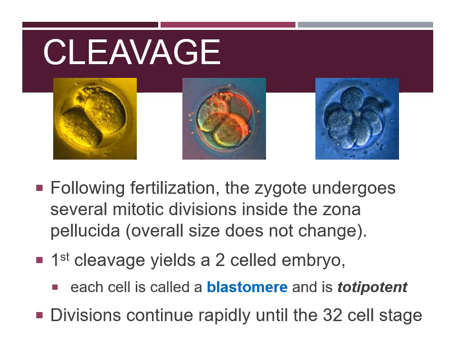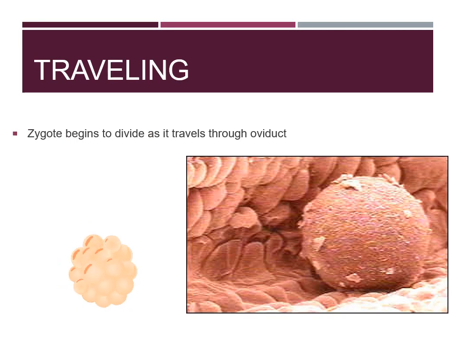Each cell is called a blastomere, and the divisions will continue rapidly until the 32-cell stage. After that, traveling of the fertilized ovum will take place across the fallopian tube, and it will finally reach the uterus and implant into the lining of the uterus.